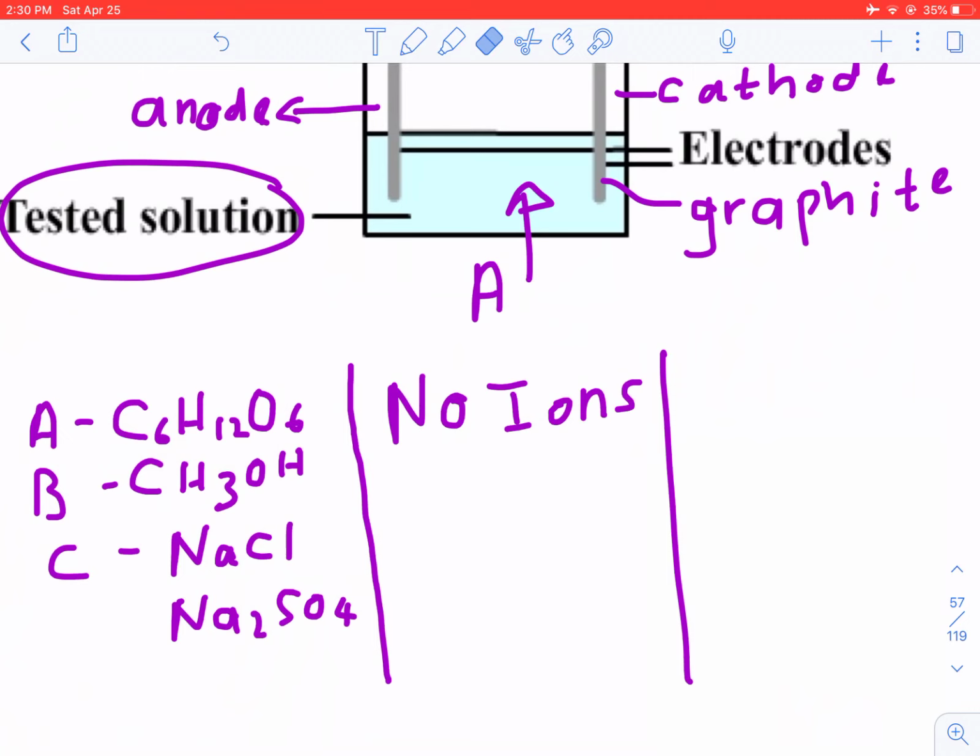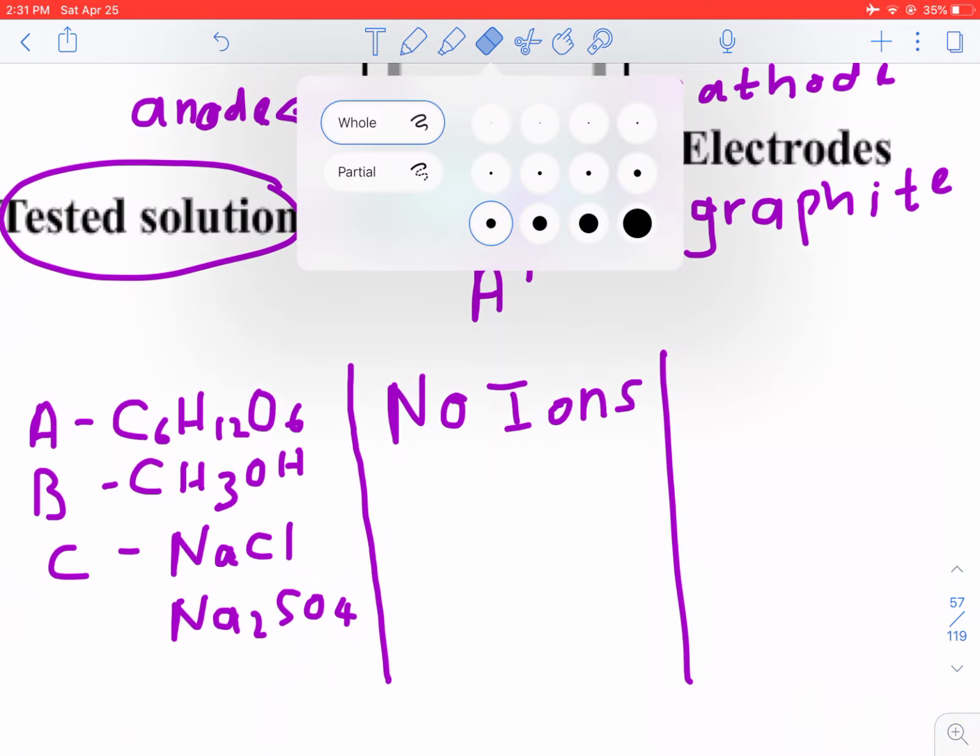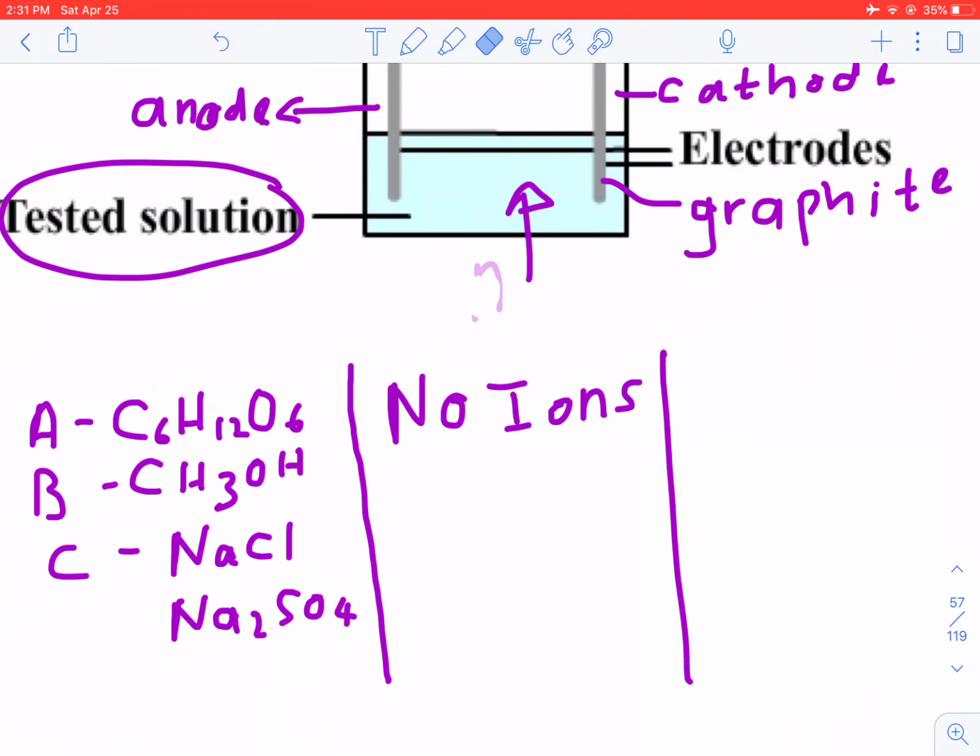And then if I substitute that and I put B here, again I find that the ammeter shows no reading, and the bulb doesn't light up.